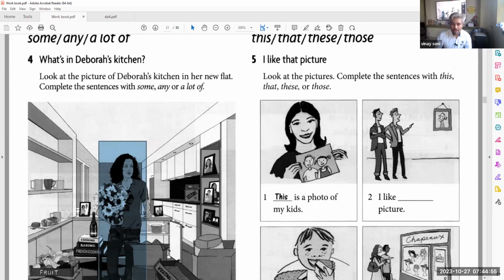Look at the picture of Deborah's kitchen. This is a picture of my kitchen. No, this is not a picture of my kitchen. This is a picture of Deborah's kitchen. Okay.